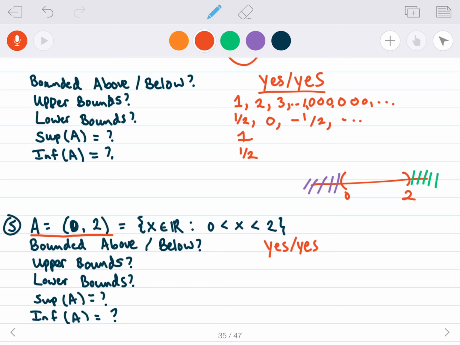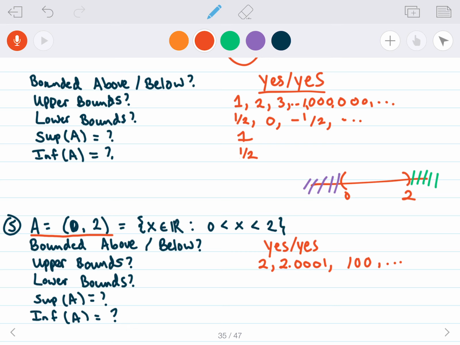So what are some upper bounds? I can say 2 is an upper bound because 2 is bigger than or equal to everything in the set. I can say 2.0001. I can say 100. I can say anything bigger than 2.